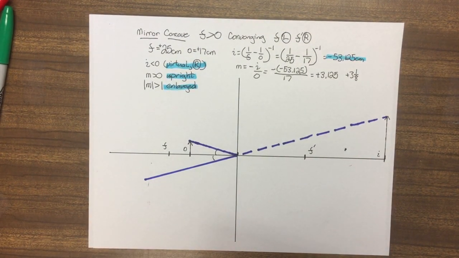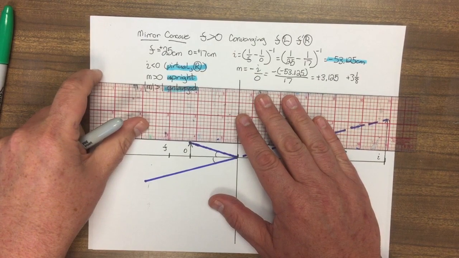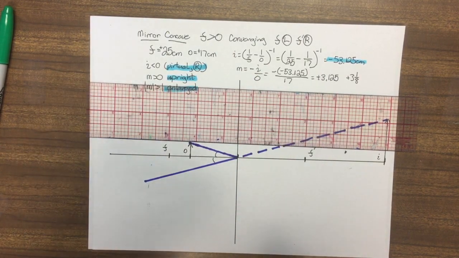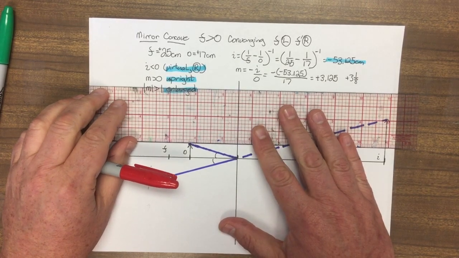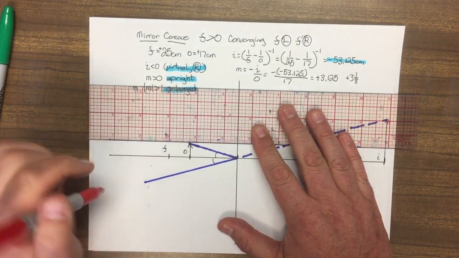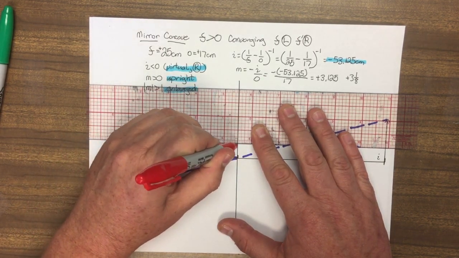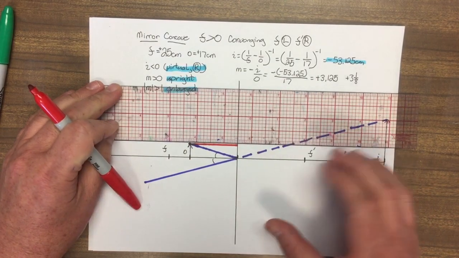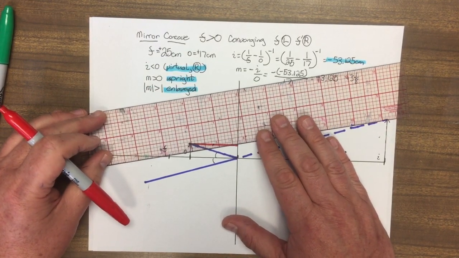Second ray. Now with this, it starts parallel. So the ray goes like this. Okay. Now with this particular ray, it converges at the focal point.